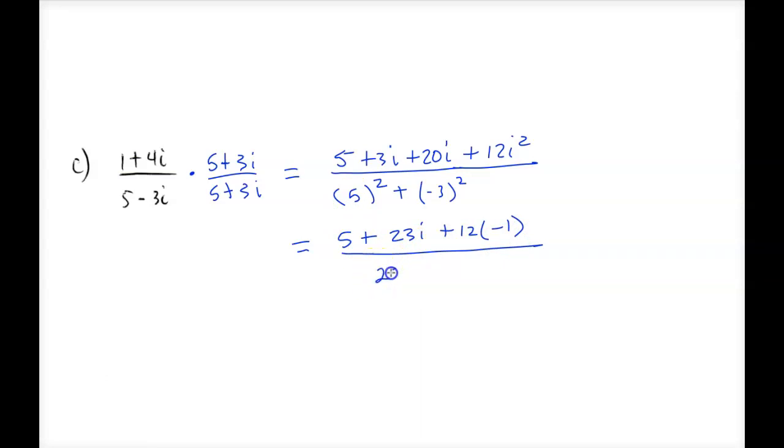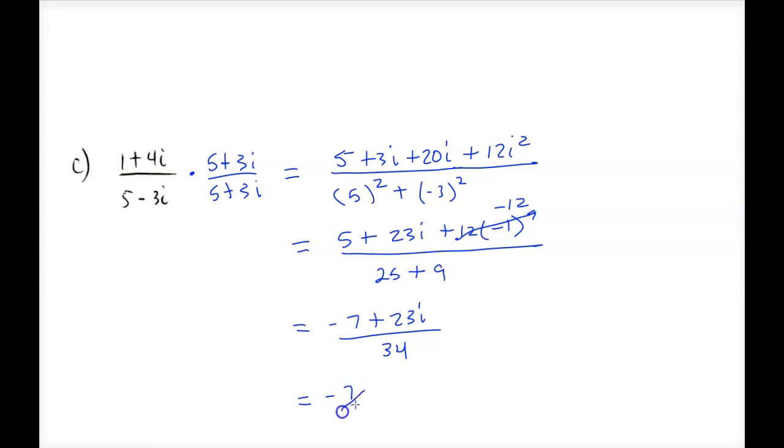And in the denominator, 5 squared is 25 and negative 3 squared is a positive 9. So here we see that 12 times negative 1 is just minus 12. So 5 minus 12 is a negative 7 plus 23i, and all that's divided by 34.